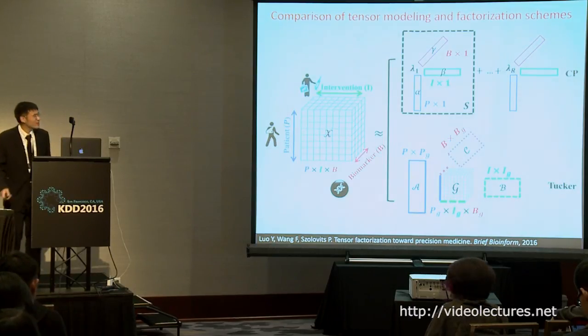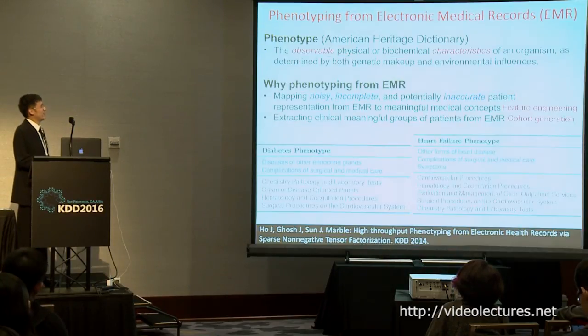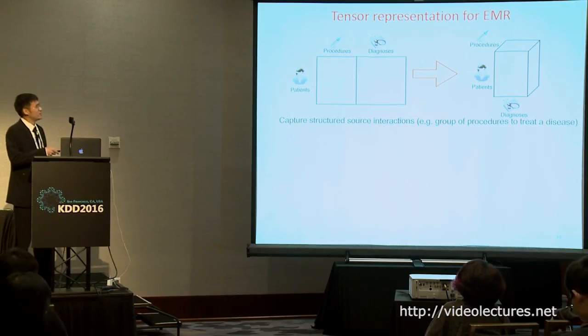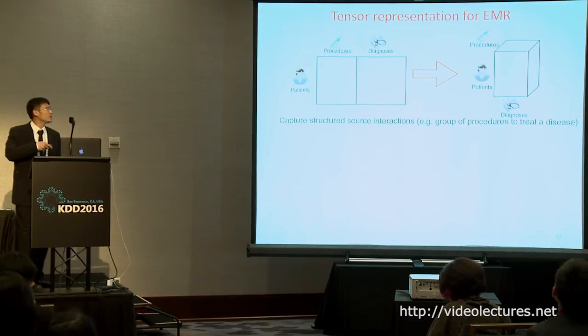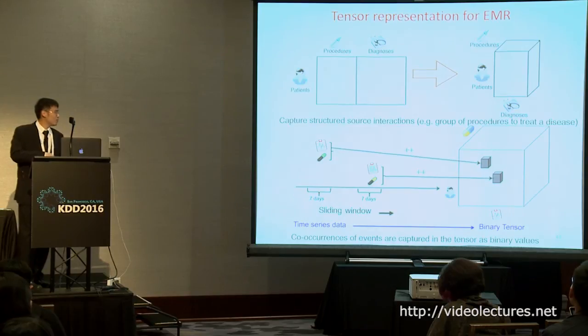But in this case study, I don't think they have many different ways to do it. Once we have a matrix, I still think it is pretty straightforward, because in the EMR they have different types of measurements, like the procedure and the diagnosis, right? And they also have a time point associated with each. So we can use a time window to assign these to the tensor.